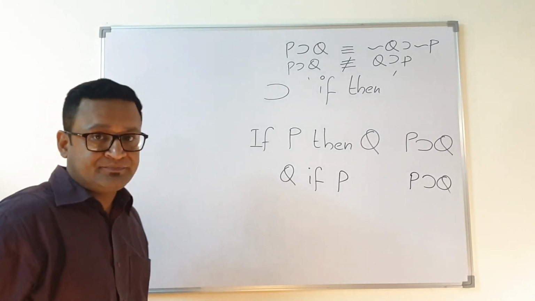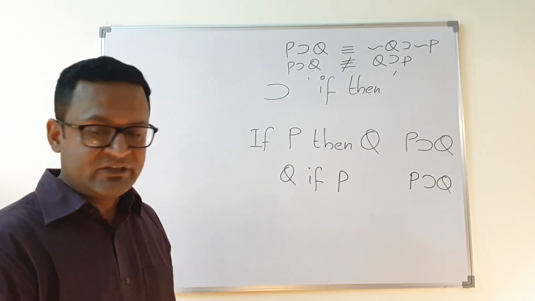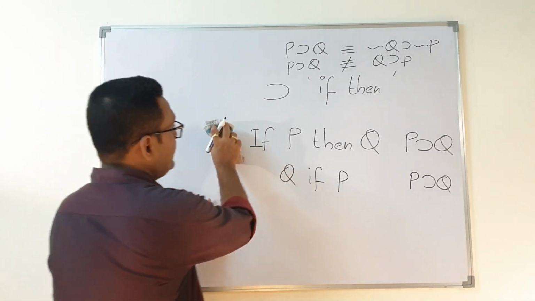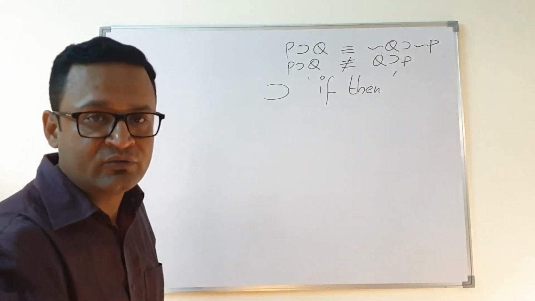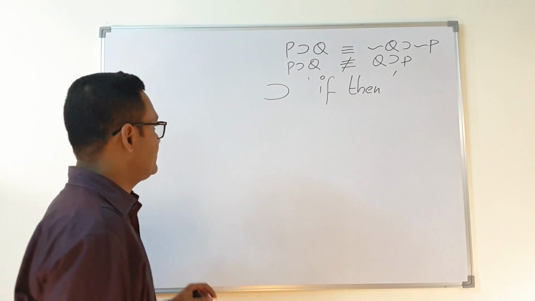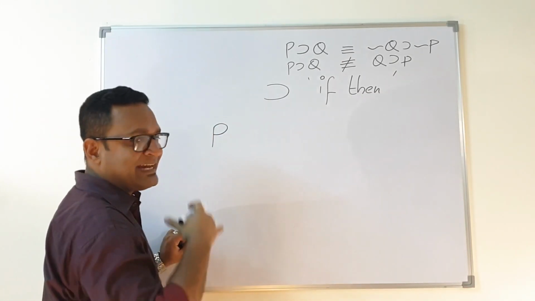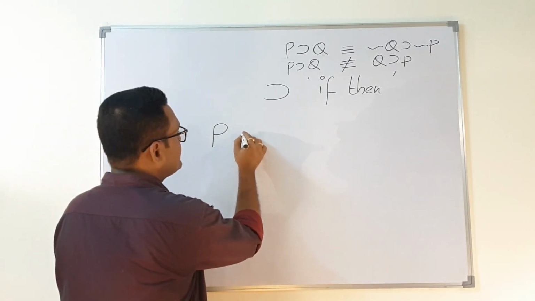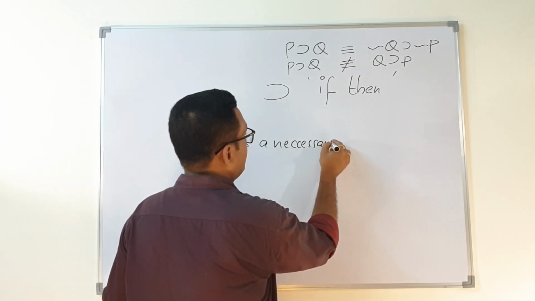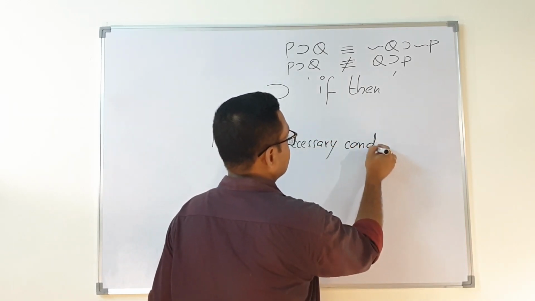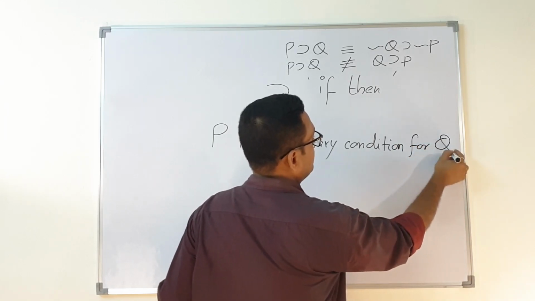This is not all about the if-then function. There can be a condition like this. Let me take a couple of conditions and see how you are planning to react to them. If there is a statement like this: p is a necessary condition for q.